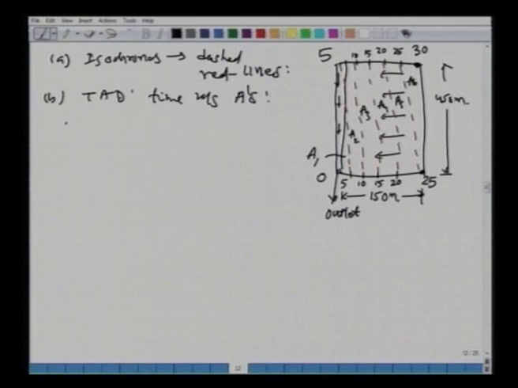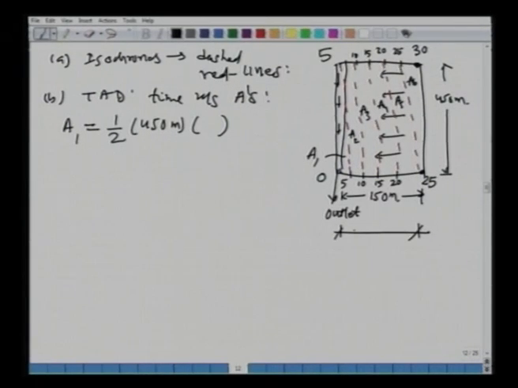So, what will be your A1? This area A1 is a triangle. If you see, one width is 30 meters, and the other way it is 450 meters. The area of a triangle is half of base into height. Half of 450 meters multiplied by 30.